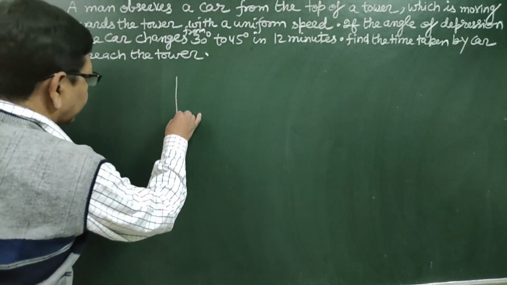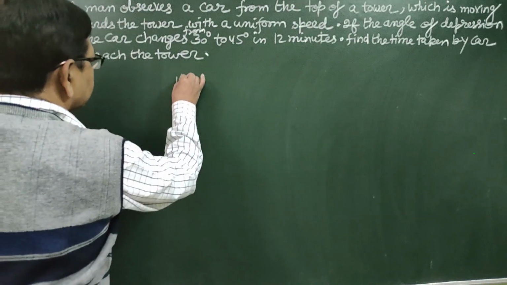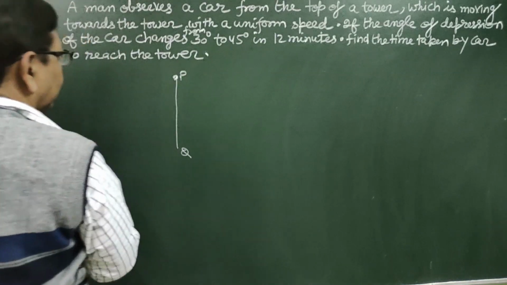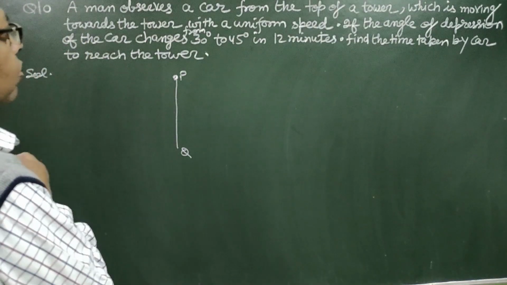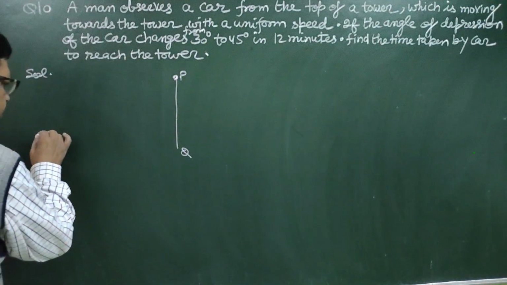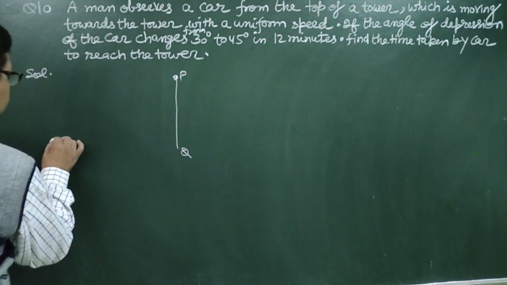Let PQ be a tower, and from the point P the car which is moving towards the tower is observed.